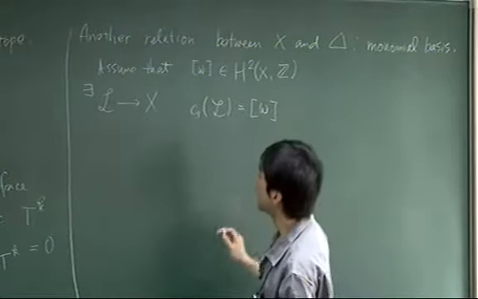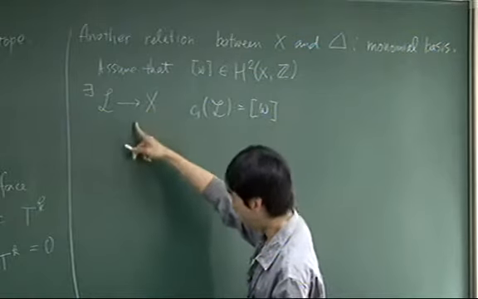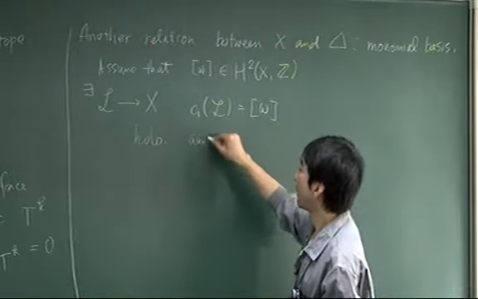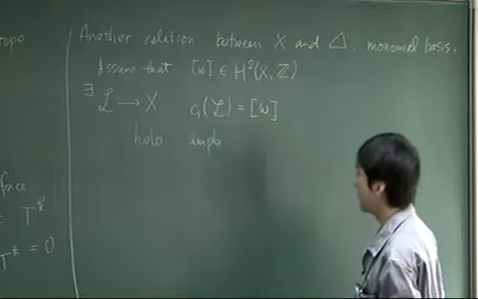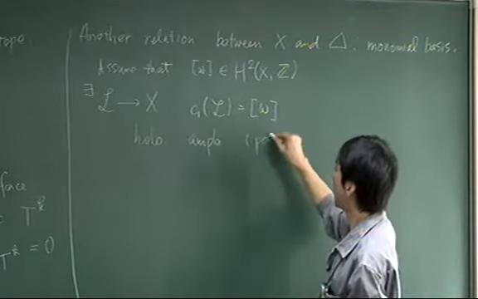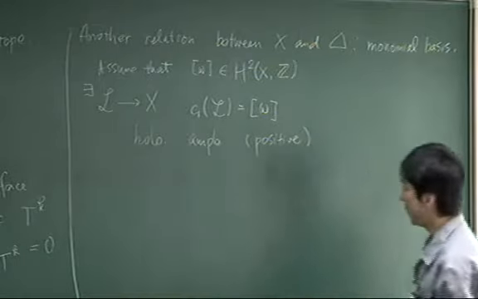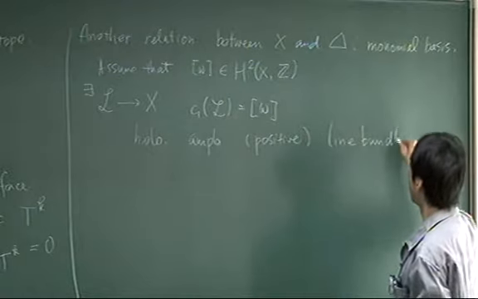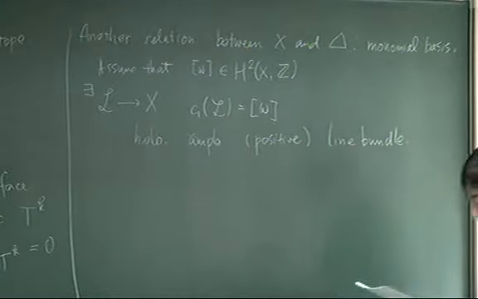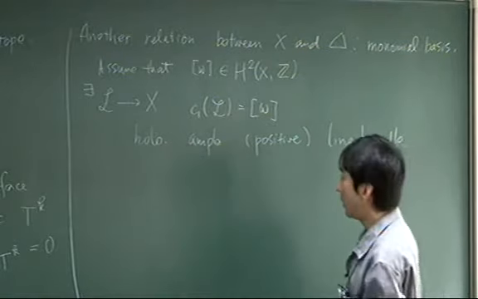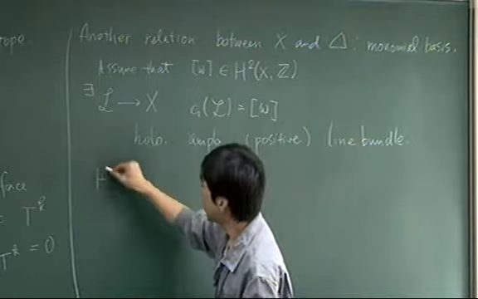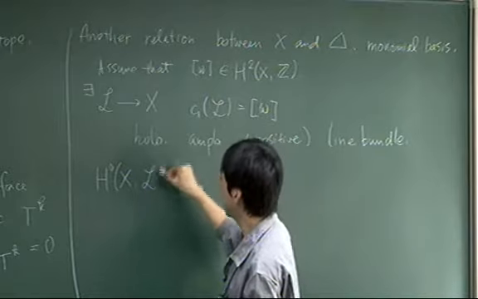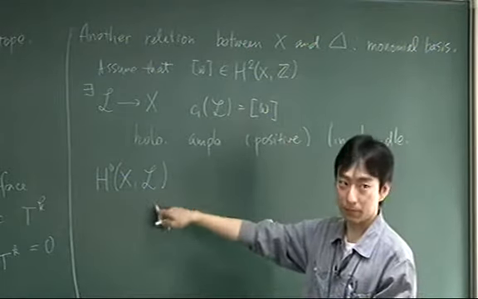So this means that this is a holomorphic line bundle, ample in algebraic geometric terms, or positive in differential geometric terms. And what we are interested in is the space of holomorphic sections of L.